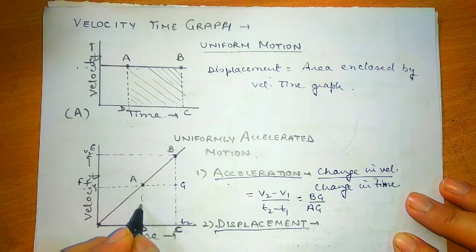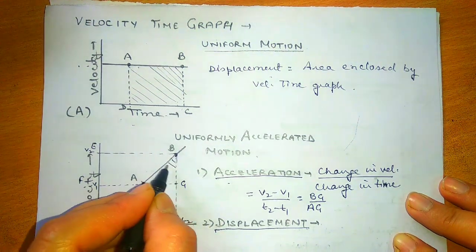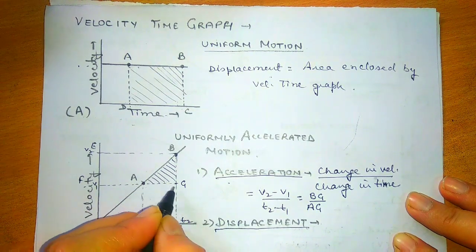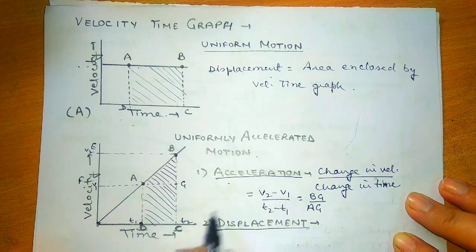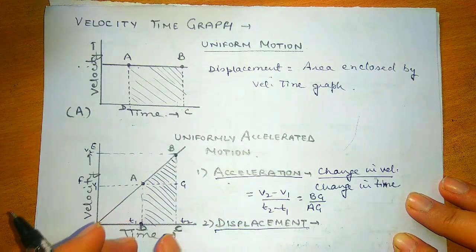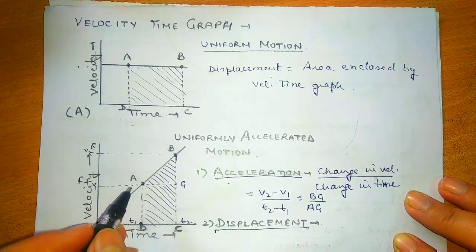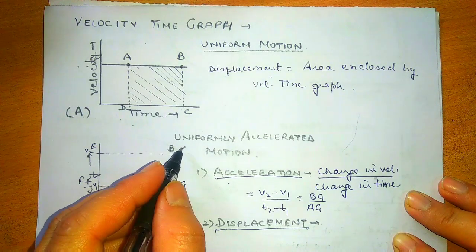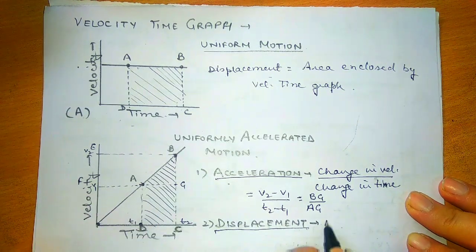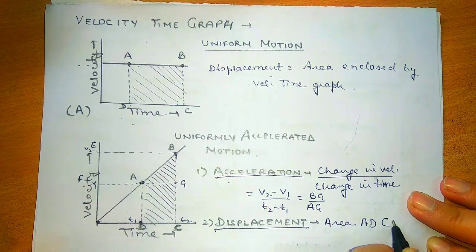So whatever be the area enclosed, the whole area from here to here, that area enclosed in this shape gives us the magnitude of displacement. Now how to get the area of this? Let us write this as ADCB. So this is basically the area of ADCB.